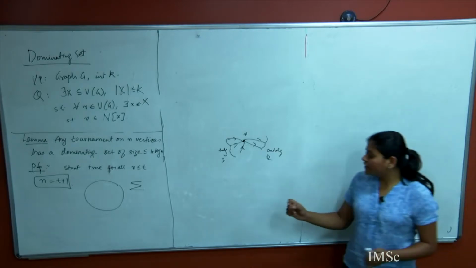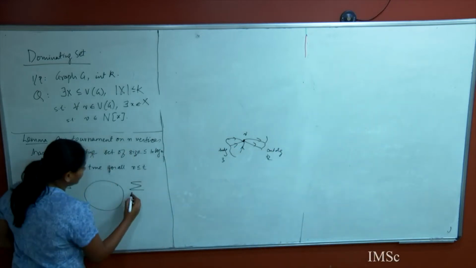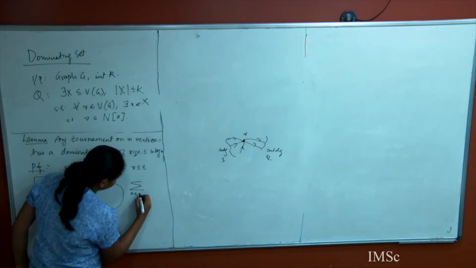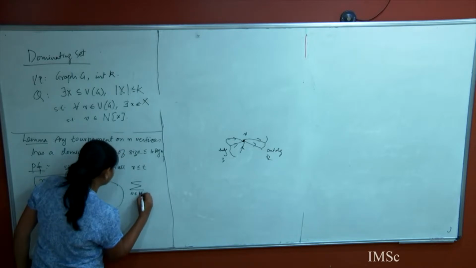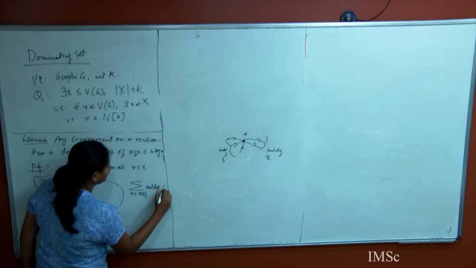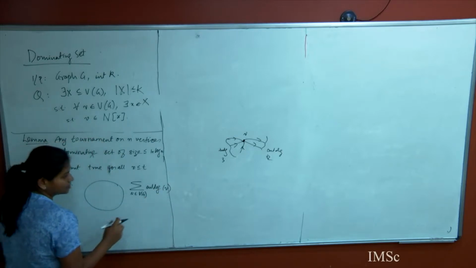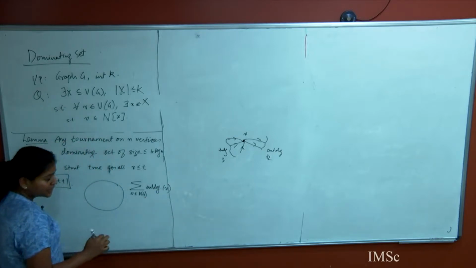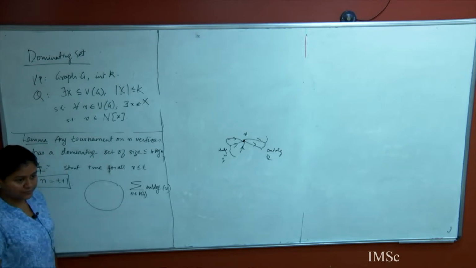Okay. So let us see this. If we count, look at v in V(G), and look at the out degree of v. Let us look at this number.